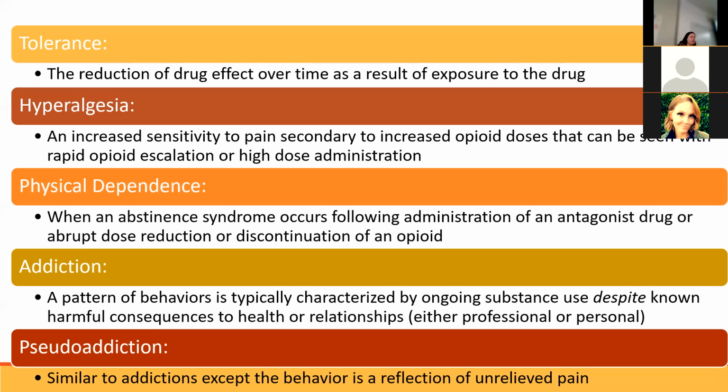There's physical dependence. That is when a patient actually goes through withdrawal after they're given naloxone or the dose is stopped quickly. Giving too much naloxone is a thing, and precipitating withdrawal that way is the only way opioid withdrawal can actually injure or kill a patient.